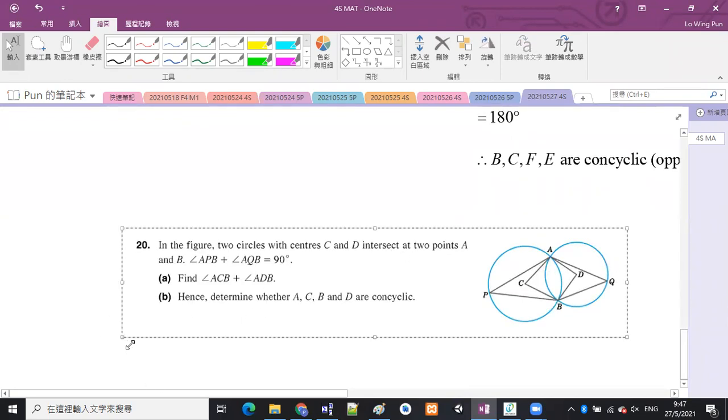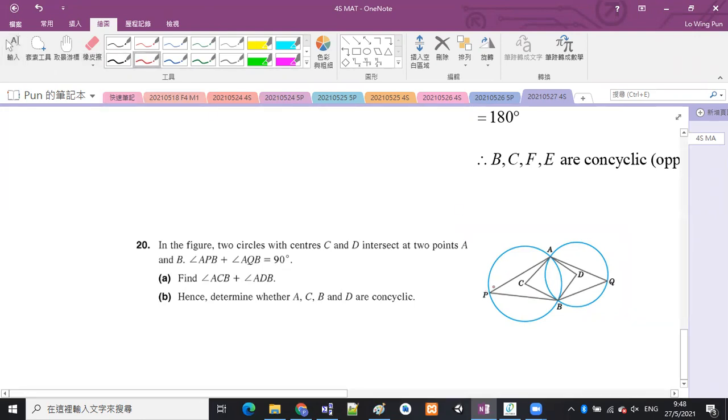So in figure, two circles with centers C and D intersect at two points A and B. And then it is given that angle APB plus angle AQB is 90 degrees. Okay, and this question involves two circles. So we are going to try to relate everything together.